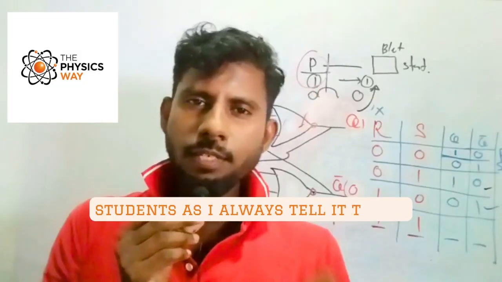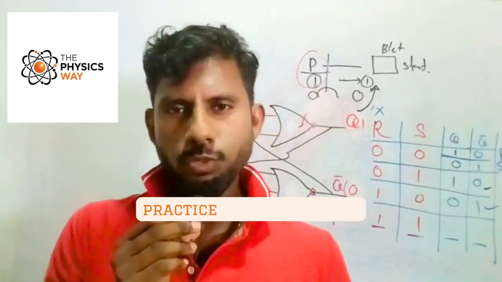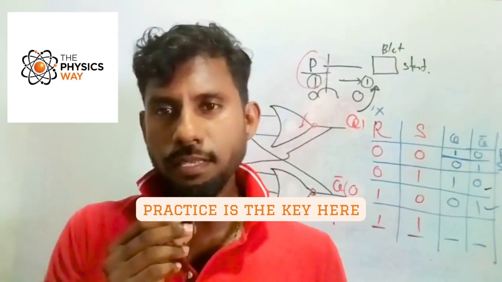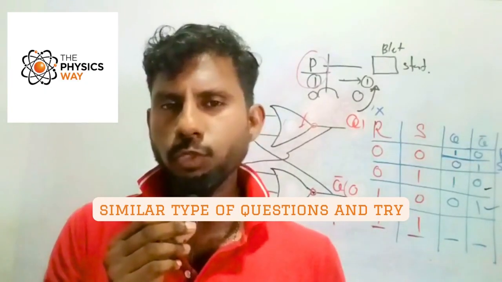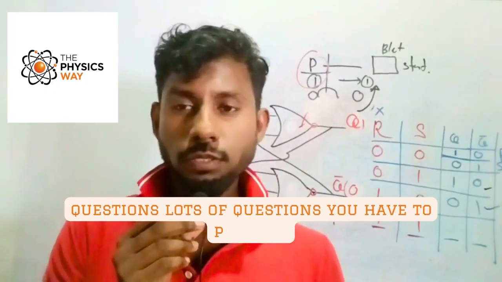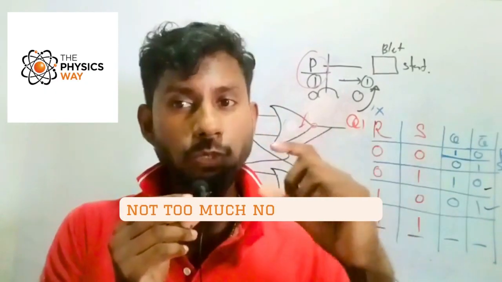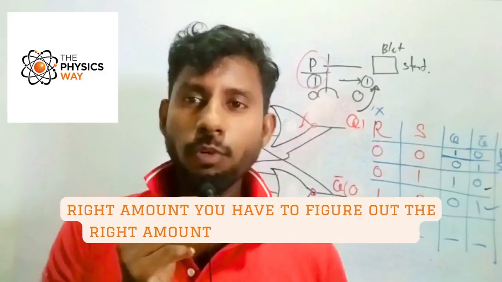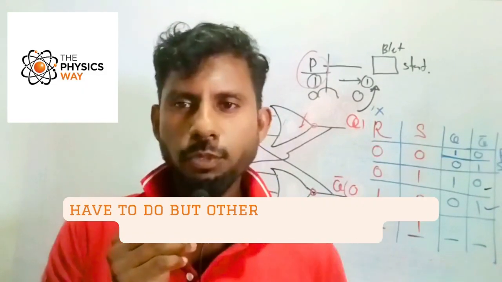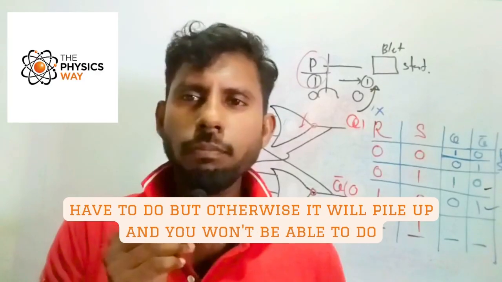As I always tell you, practice is the key here. Find similar types of questions and try them. Lots of questions you have to practice. Not too much, not too little, just the right amount. You have to figure out the right amount of questions, otherwise it will pile up and you won't be able to do them.